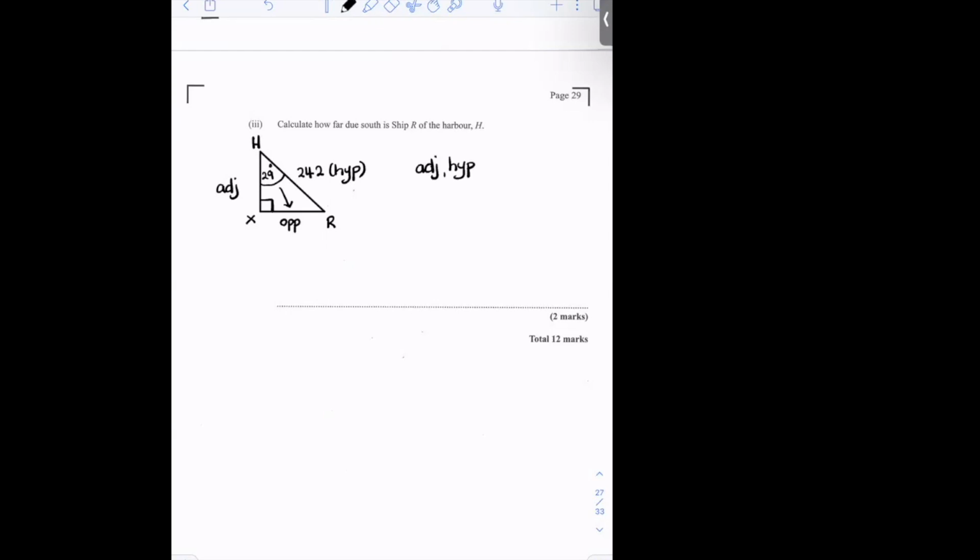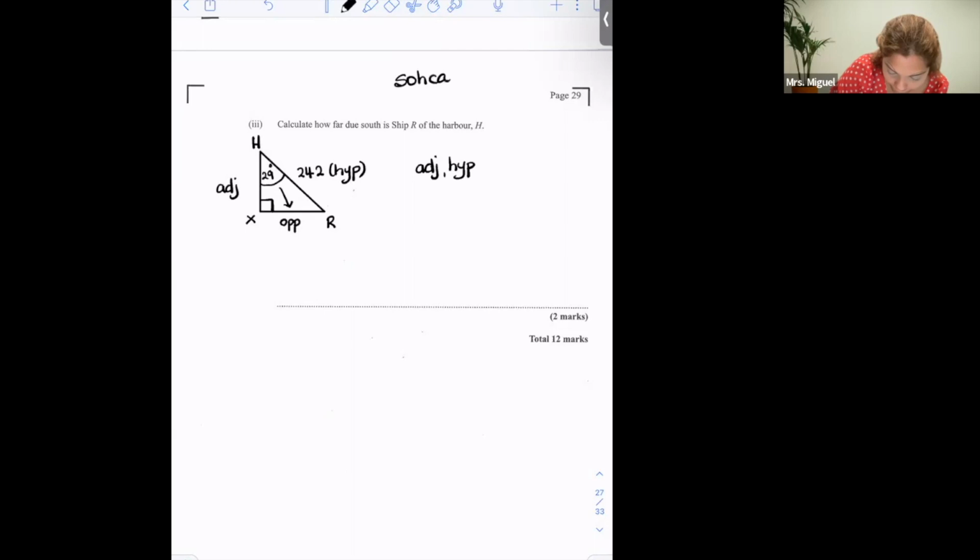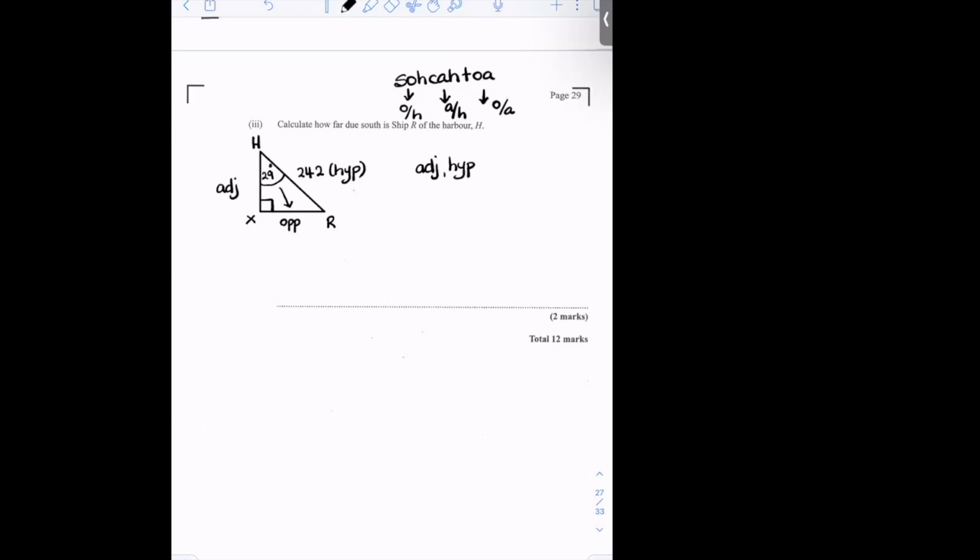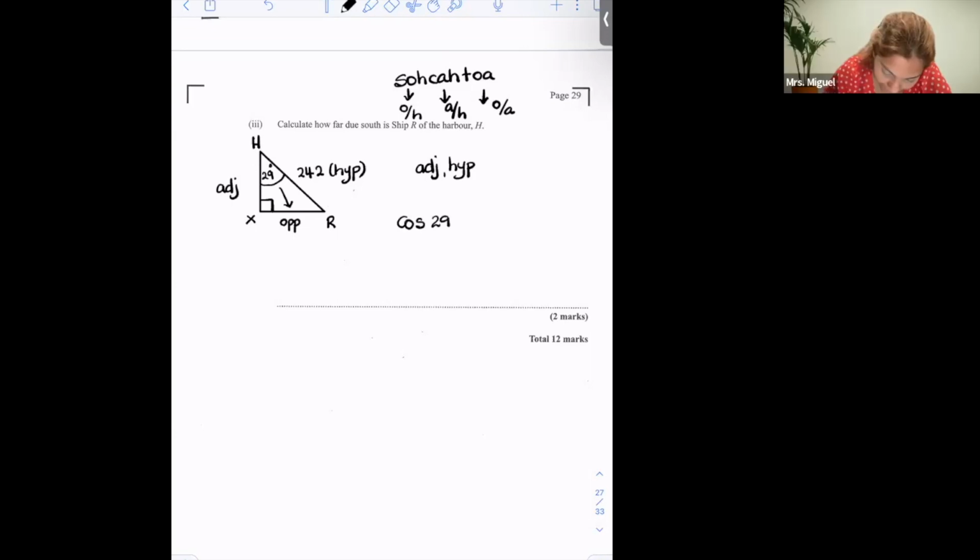So we have the adjacent side and the hypotenuse. Which trig ratio am I going to use? SOHCAHTOA. Sine opposite over hypotenuse. Cosine adjacent over hypotenuse. Tan opposite over adjacent. Sine, cosine, or tan? Cosine. Very good. Cosine of 29 is HX on 242. So let's cross multiply.